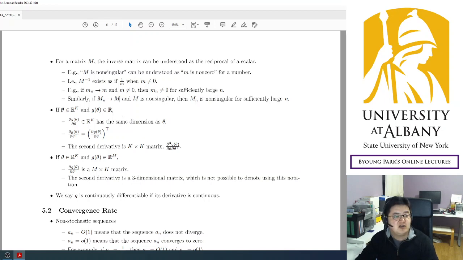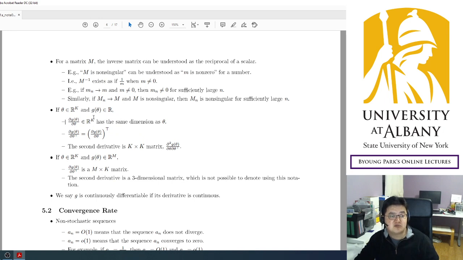Let's think about theta, which is a vector, and g, which is a function of the vector. g is a mapping from a k-dimensional vector space to a one-dimensional real number. In this case, we still need to think about differentiation. It is written in the same way, but the result is a vector.